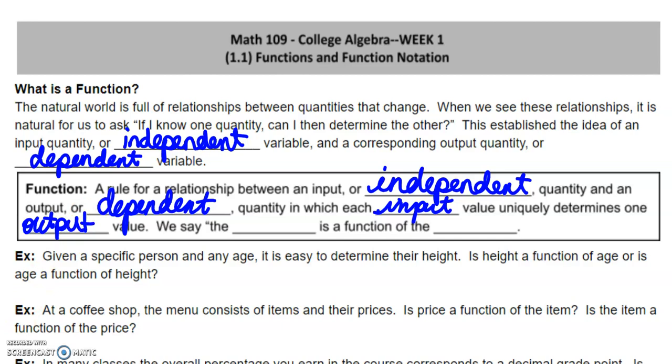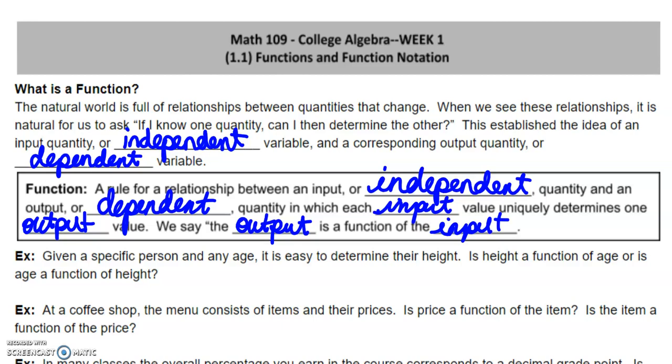Now we say that the output is a function of the input value. So it's kind of backwards in that sense. The answer is a function of the input or the result.